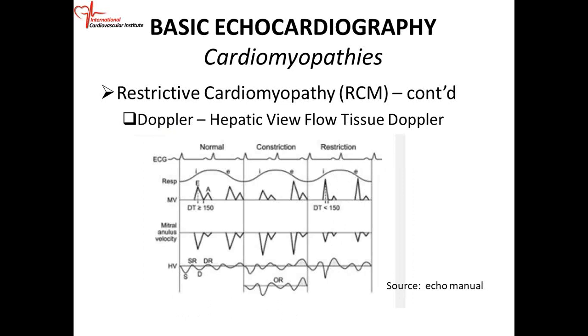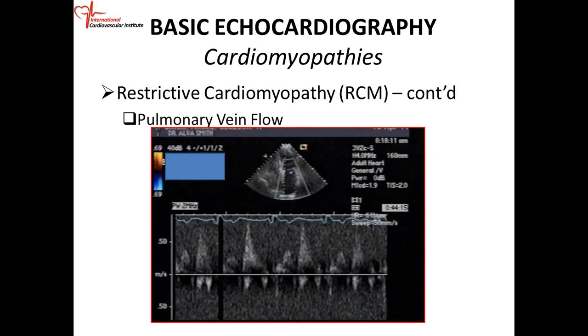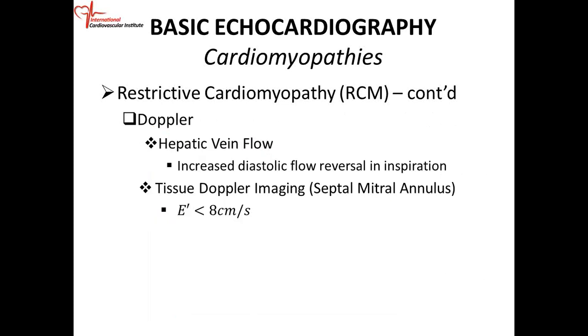We'll go over that, okay? But that's a very important feature. So this is what we call a rest parameter. And you have inspiration, expiration, inspiration, expiration. So what we're saying is in constrictive pericarditis, in expiration, you get an increase in your atrial flow reversal. And then for restrictive cardiomyopathy, the increase is with inspiration.